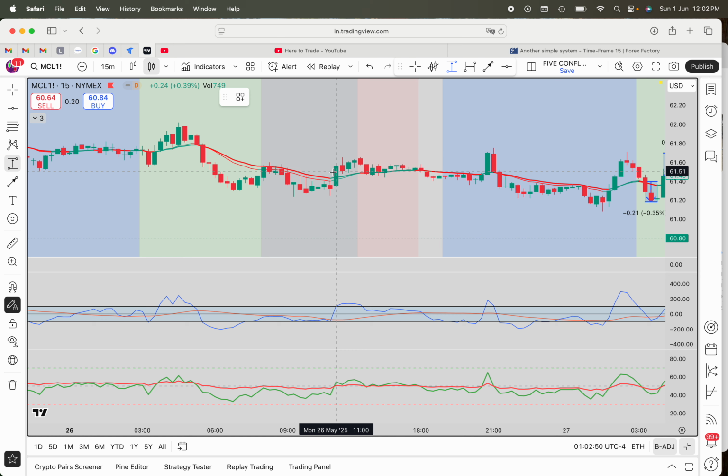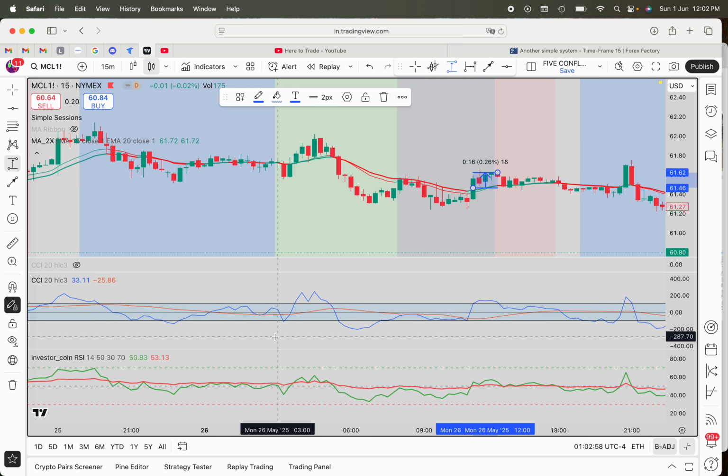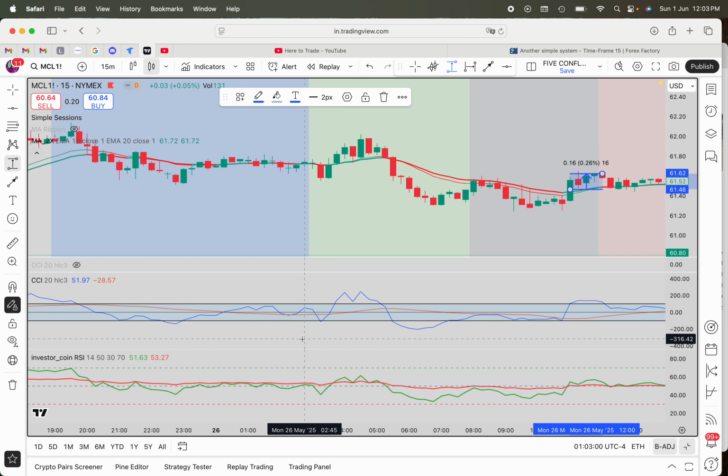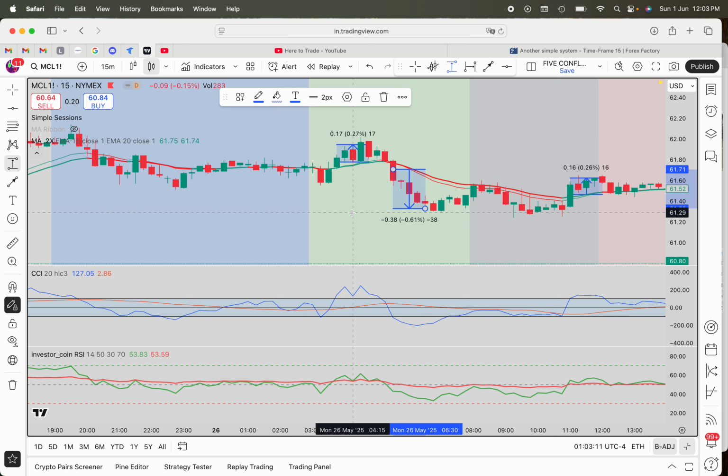I'll tell you what. This is a really simple, basic setup by using the CCI and the RSI together. I don't need to do any more back testing on this. That is a very good setup. Let me get rid of that. I really like that. It's really good confirmation. Yeah. All right.